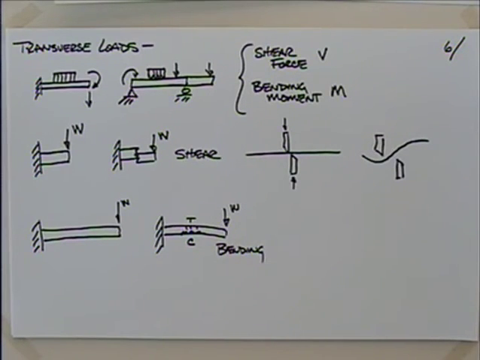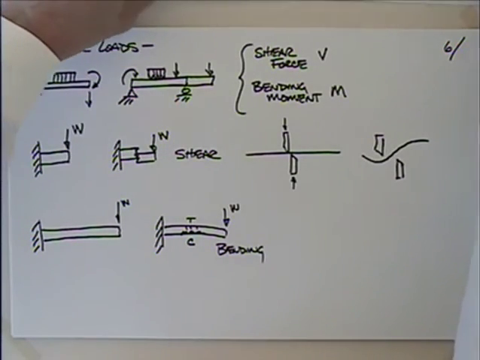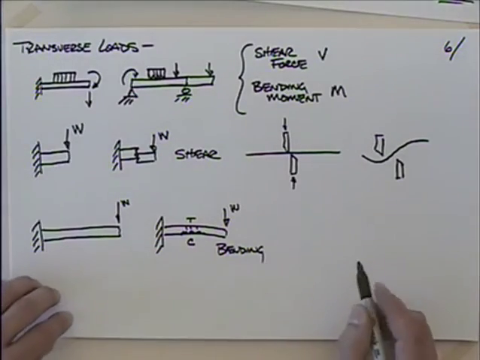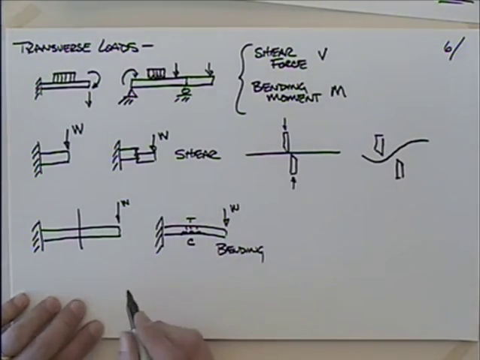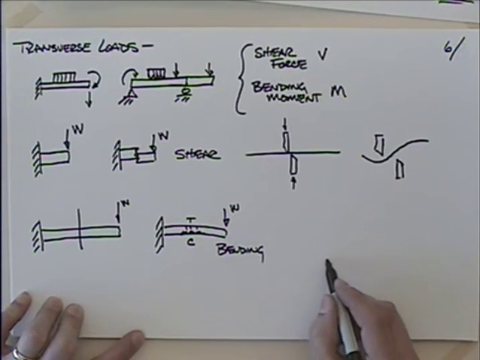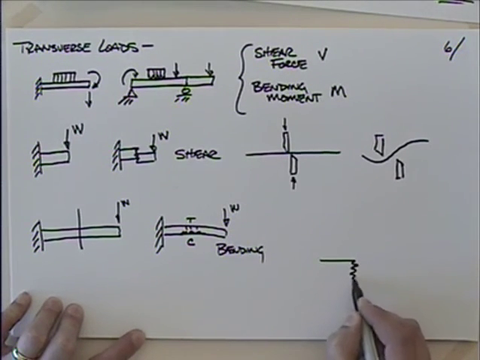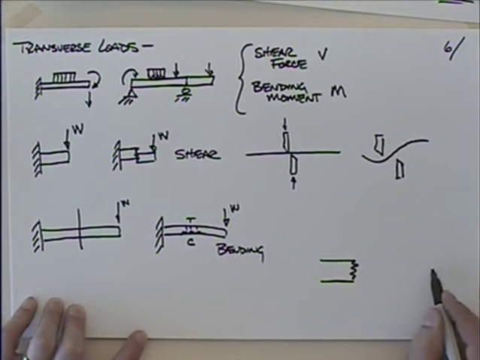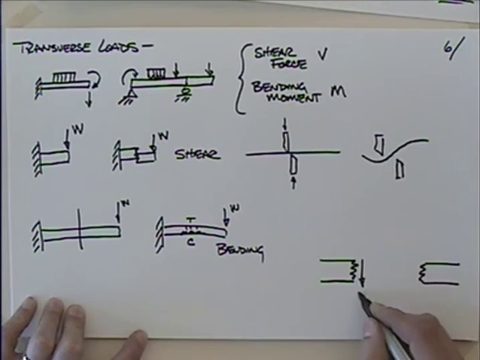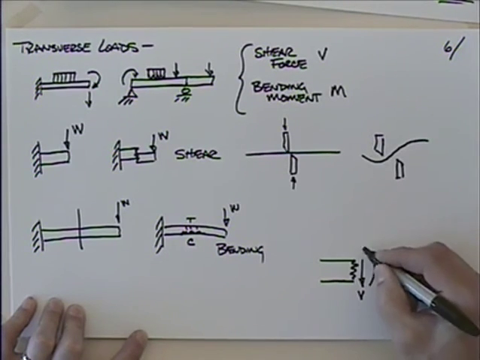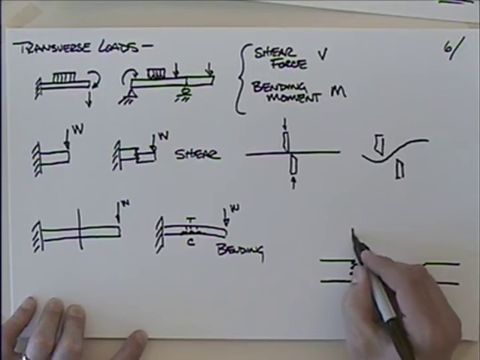Questions with that? Our deformation sign convention is probably worth practicing again. If you come to one of these beams, let's say that you cut through this, and you want to draw the left-hand side, or you want to draw the right-hand side. On one side, your shear is going to act down, and your moment is going to act counterclockwise.